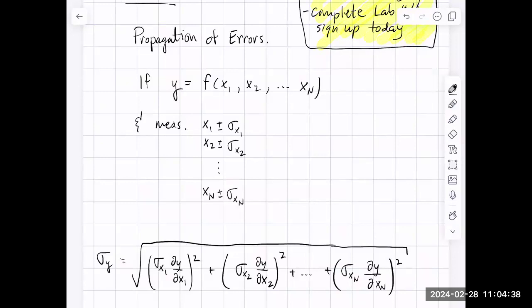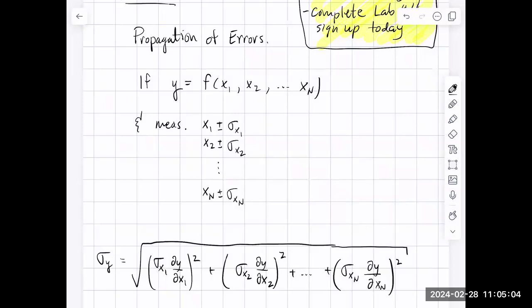Okay, and we could do that for every one of our n parameters. And what we discovered is that we're going to calculate the uncertainty in y using this expression that involves derivatives of y with respect to x1, and then another term with a derivative with respect to x2, and so on up to xn. And so this is our general propagation of errors formula.